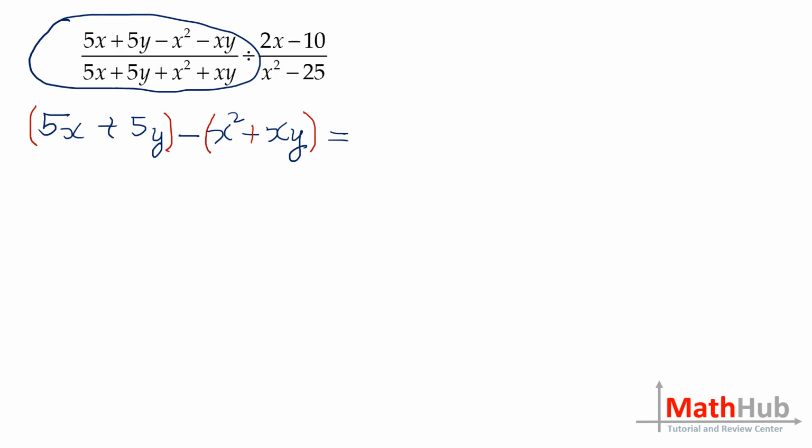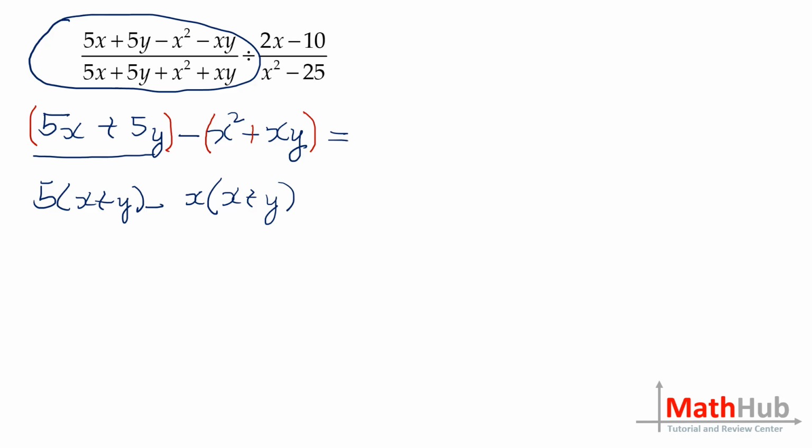Okay, so for these two terms over here, let's factor this one. So we have a GCF of 5. Oops, 5 and then x plus y minus, factor out x, and then this is x plus y.